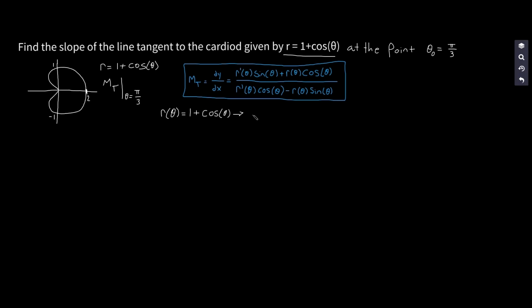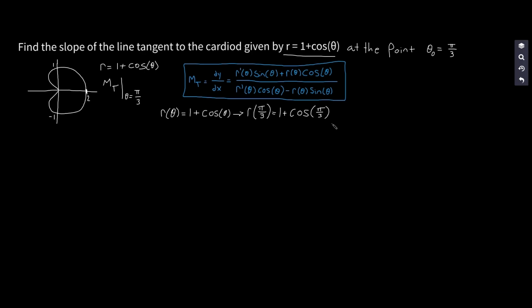So that means we can plug in our pi over 3, and that's going to equal 1 plus cosine of pi over 3. Just plugging in pi over 3 where theta is.